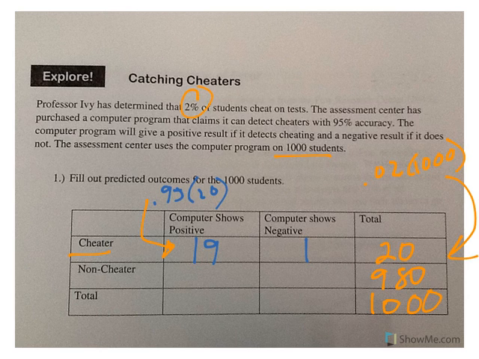If it shows negative for non-cheaters, again, that's 95% of the time. So for this spot, it would be 95% of the 980, which would end up being 931. So if 931 non-cheaters show negative, then there are 49 very sad students who they're saying, you cheated, but actually they didn't.